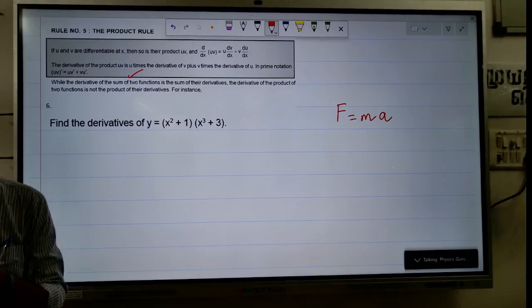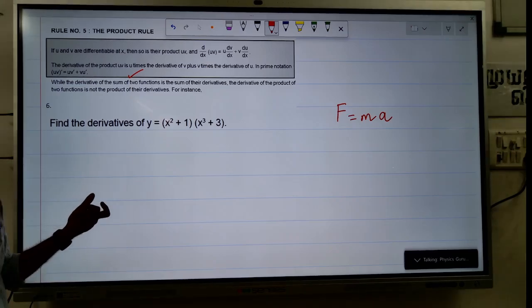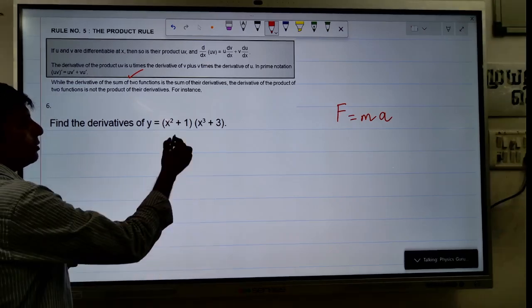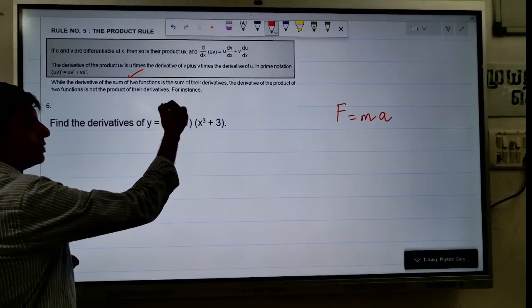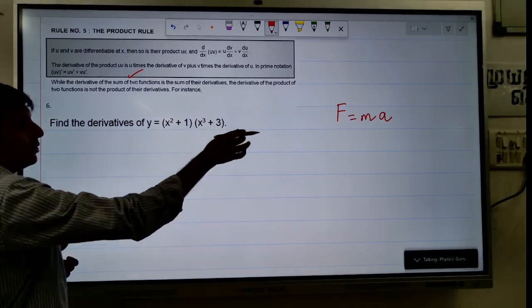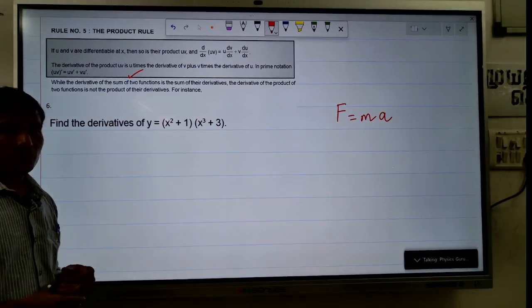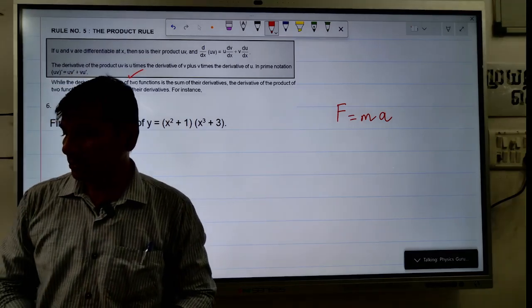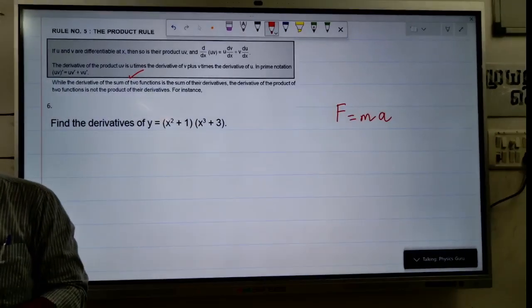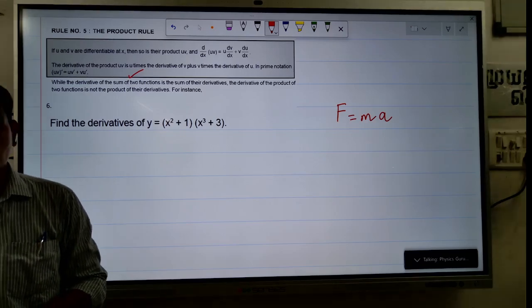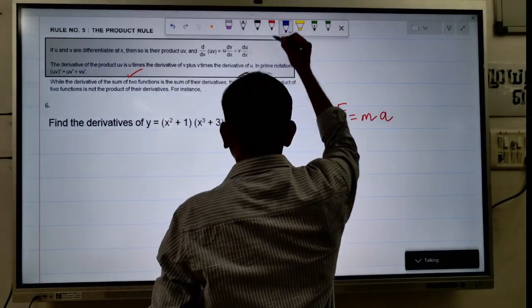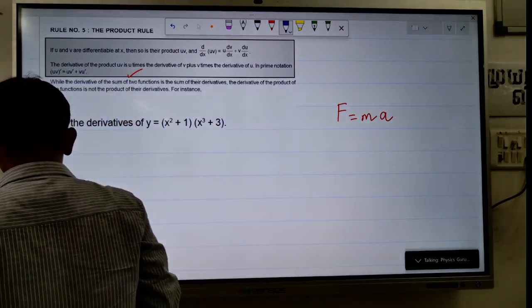There are actually two ways to solve this. One, you can directly multiply these numbers inside and then finally go for dy by dx. That is one way. There are two ways. Can we try?